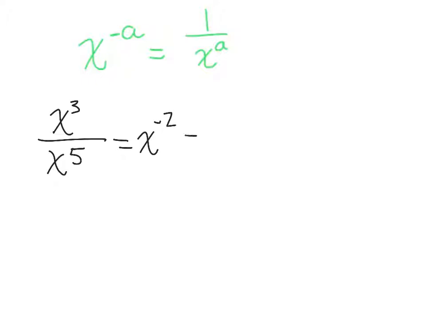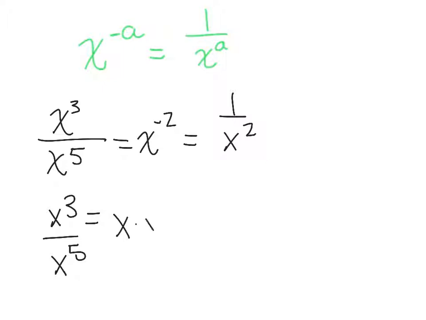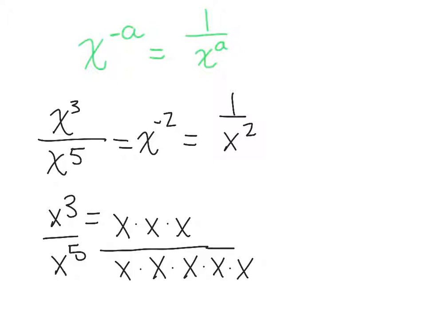But we have to rewrite that as 1 over x to the positive 2. And here's why. Let's say x to the 3rd is the same thing as x times x times x, and then x to the 5th is the same thing as x times x times x times x times x.